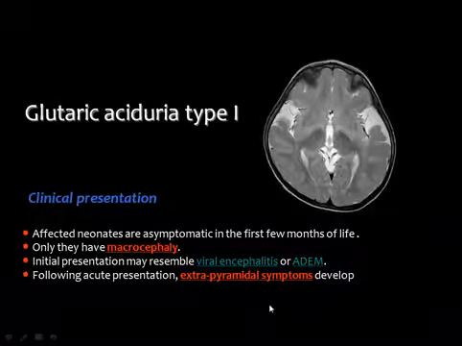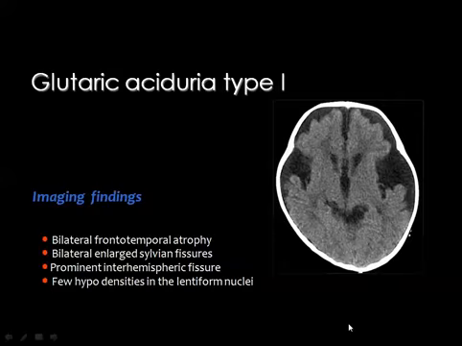If you have seen one of these cases, you are not able from the clinical picture to discriminate actually between this disease and an attack of viral encephalitis. Then the imaging findings are also characteristic. They include, number one, bilateral frontotemporal atrophic changes.